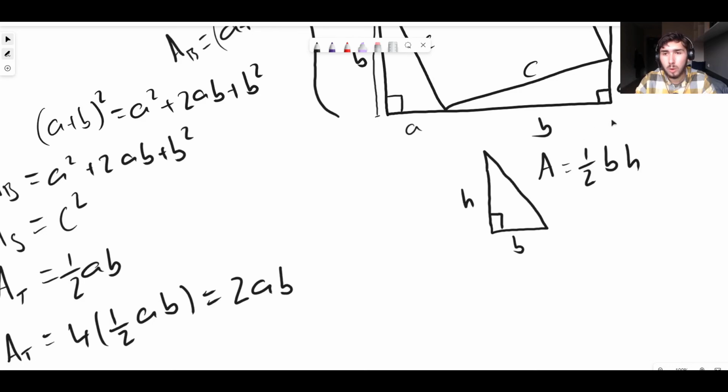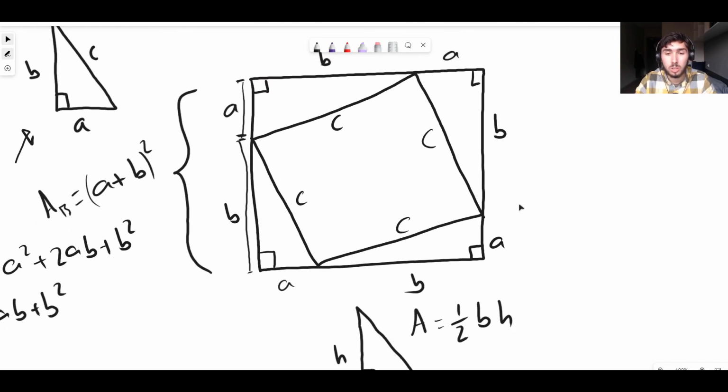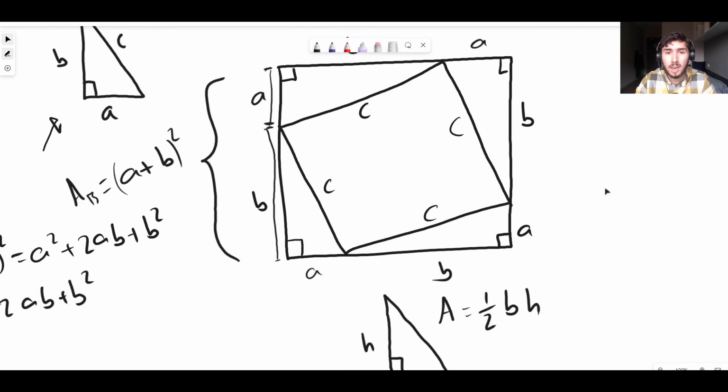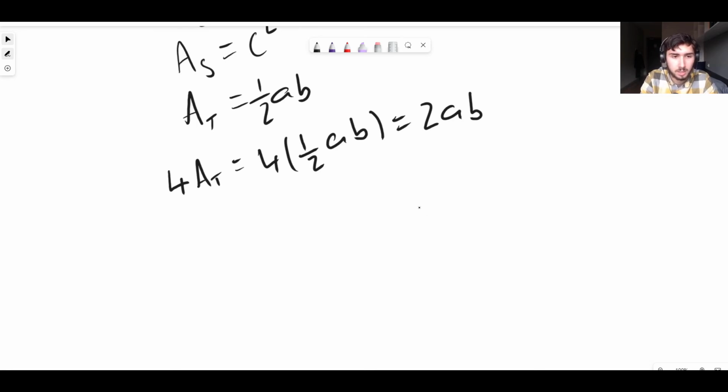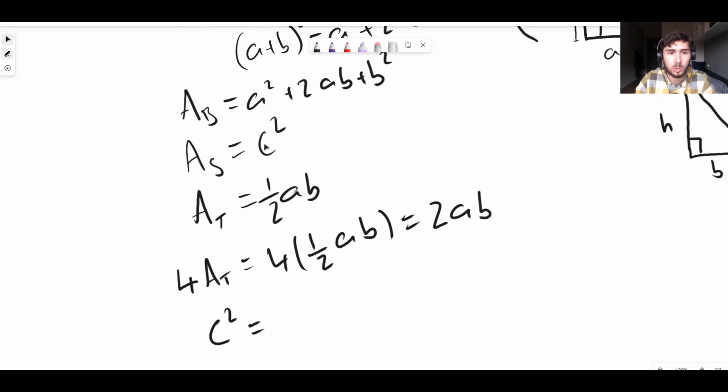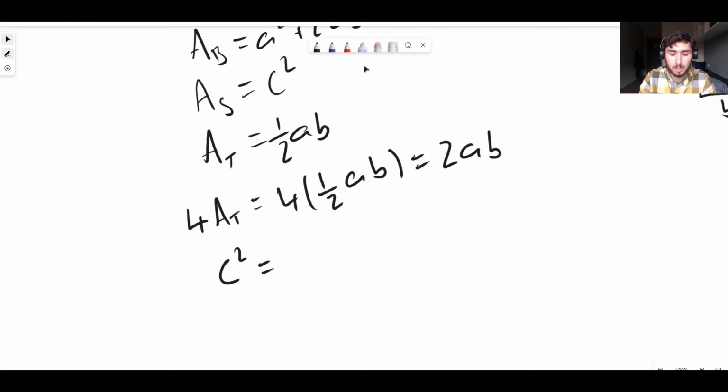So if we refer one more time to the shape here, we're almost done, we know that the area c squared is the same thing as the area of the whole big square, but take away the triangles, right? That's what c squared is. The small square is the area of the big square, but not the triangles that go round the sides. So we can say that c squared can be written as the area of the whole big square, which we already know is a squared plus 2ab plus b squared.